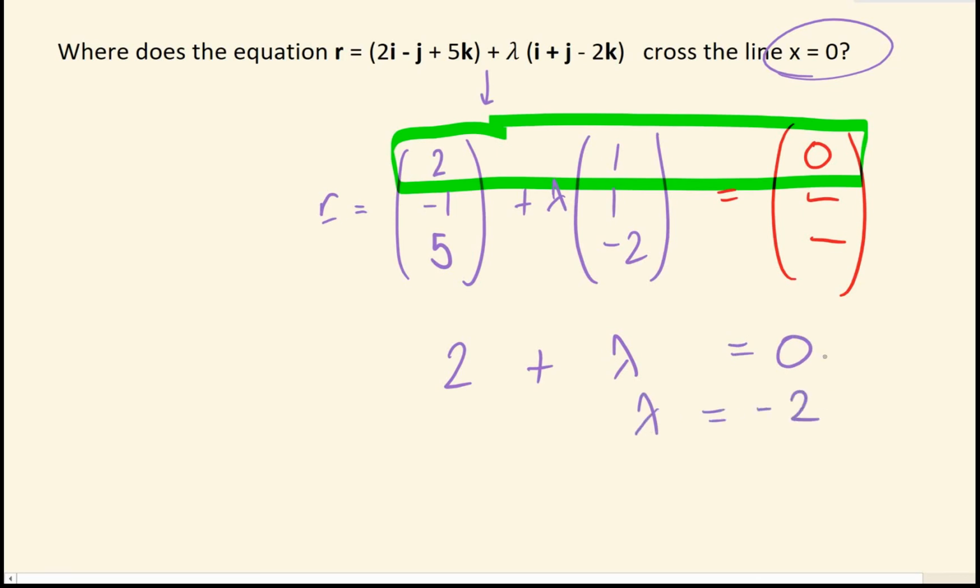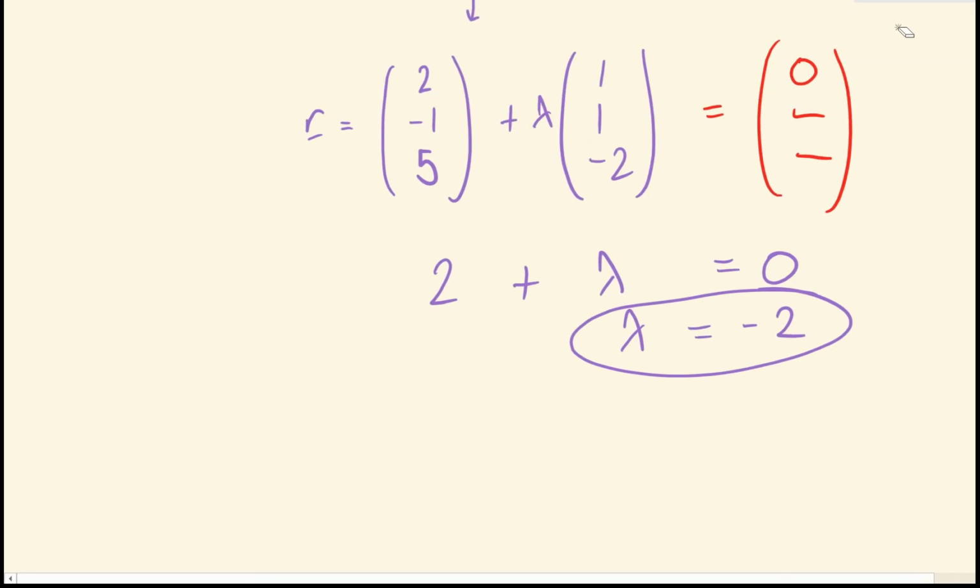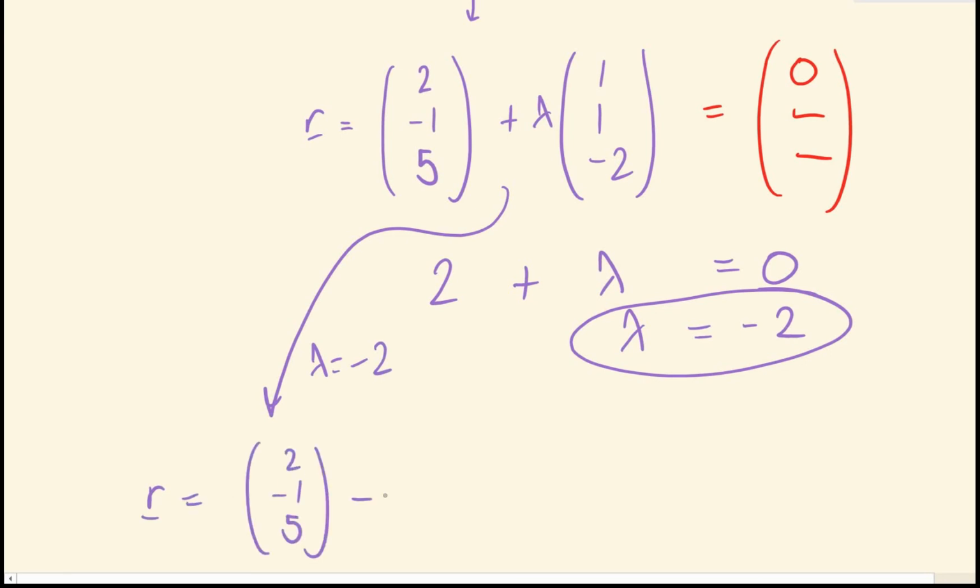For that to be true, lambda must be minus 2. Now we can rewrite our equation of the line with lambda being minus 2. That point is going to be 2 minus 1, 5, minus 2 times 1, 1, minus 2. Working that out, you're going to get 0, minus 3, and 9, unless I made a mistake there.